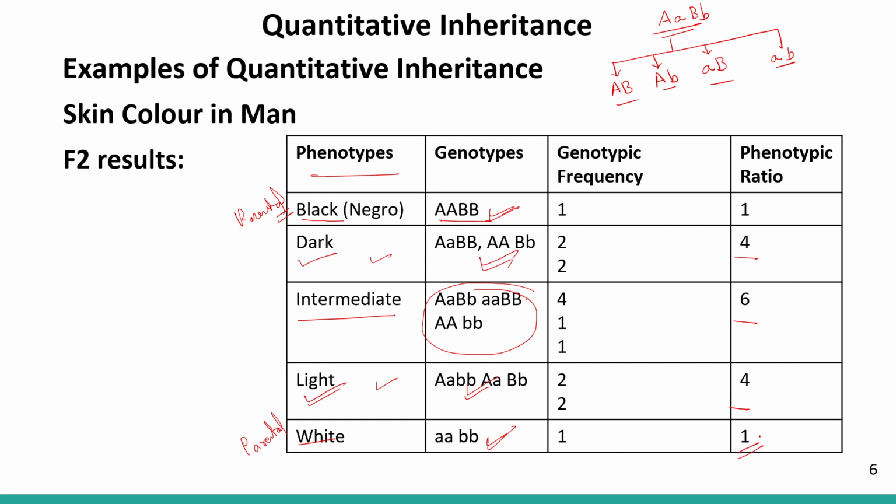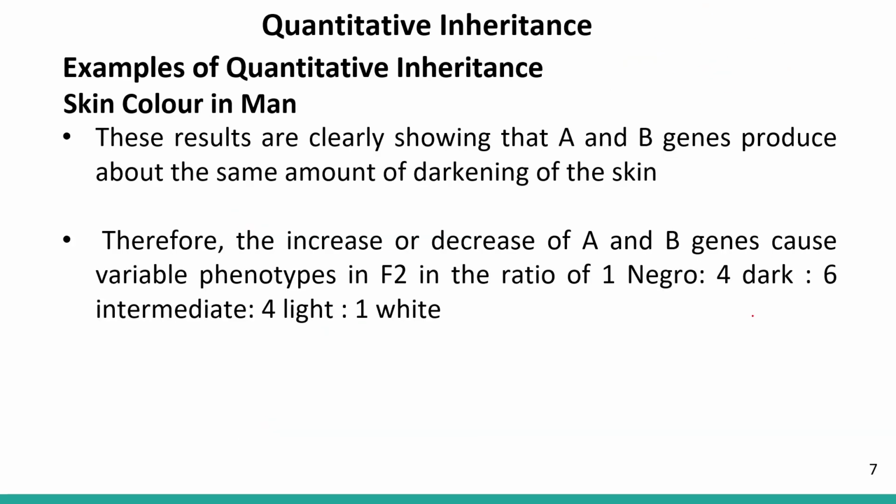The parental one is just 1 and 1, both the types, and we will have 4 and 4, that is the dark and light, and 6 individuals of intermediate type. Okay, so these results are clearly showing that A and B genes produce about the same amount of darkening of the skin.